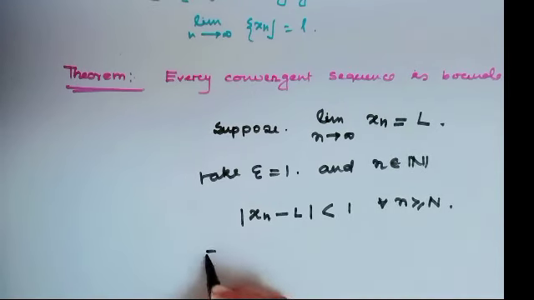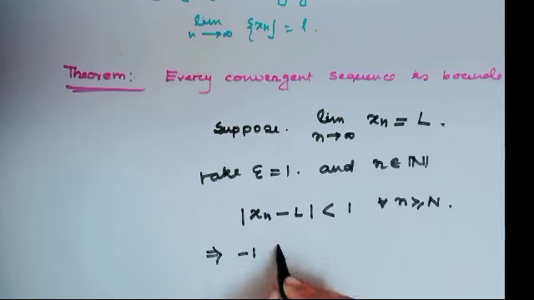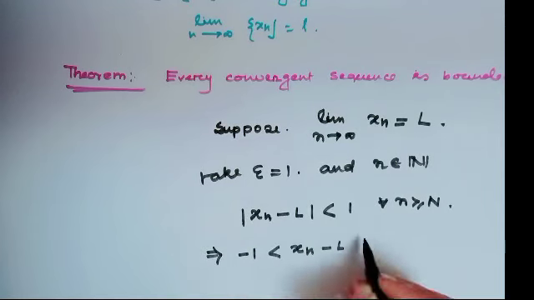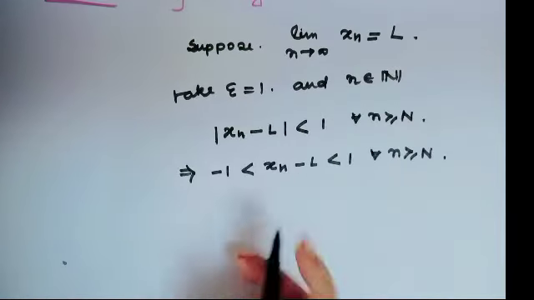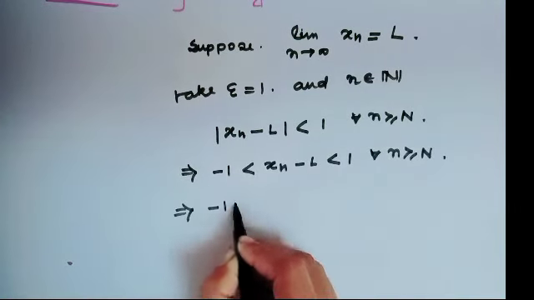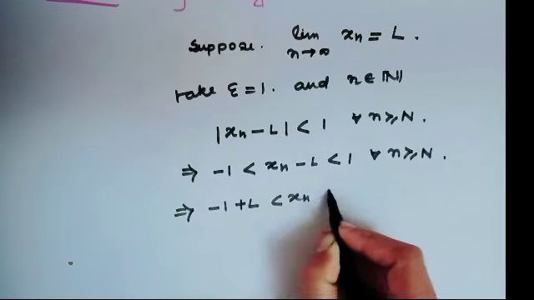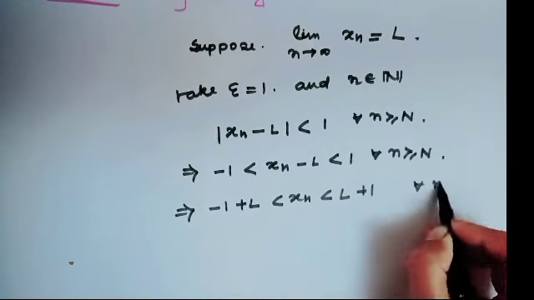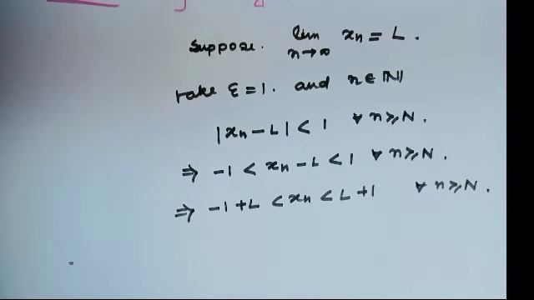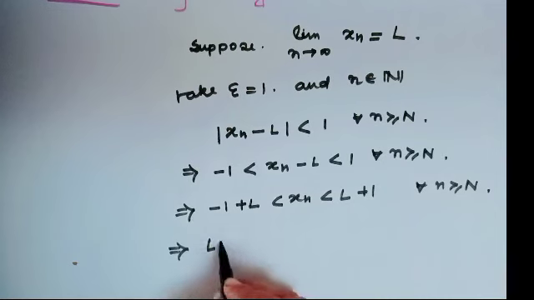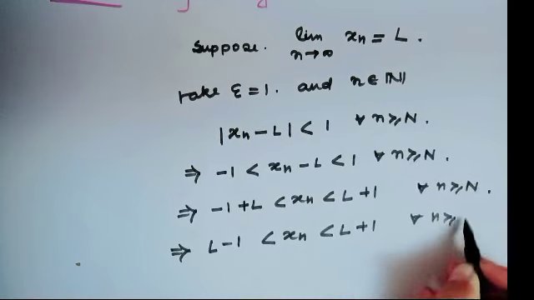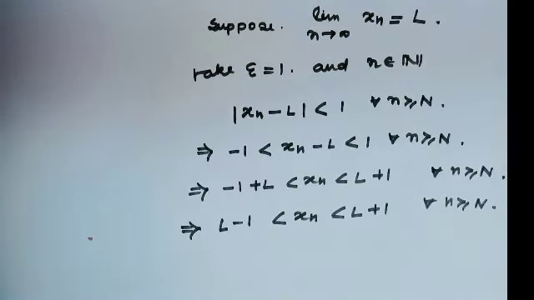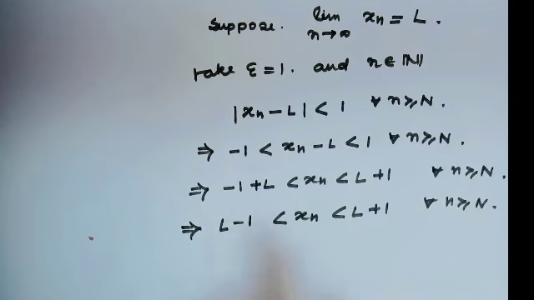From this inequality we can write minus 1 less than xn minus L less than 1 for all n greater than or equal to N. That implies minus 1 plus L less than xn less than L plus 1 for all n greater than or equal to N. That implies L minus 1 less than xn less than L plus 1 for all n greater than or equal to N. That means we can write two inequalities involving absolute value.